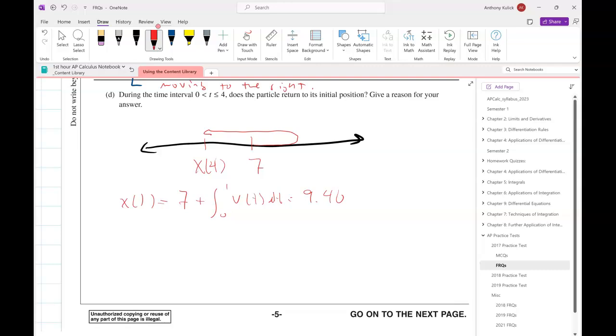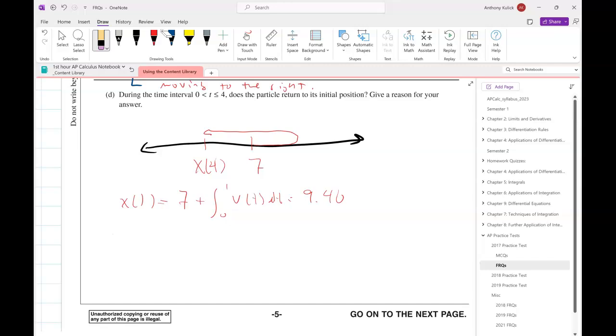So what am I going to say now? My goal here is going to be to use the intermediate value theorem, right? So I have a value that's bigger than 7. I have a value that's less than 7. In between there somewhere, it passed by 7 again.